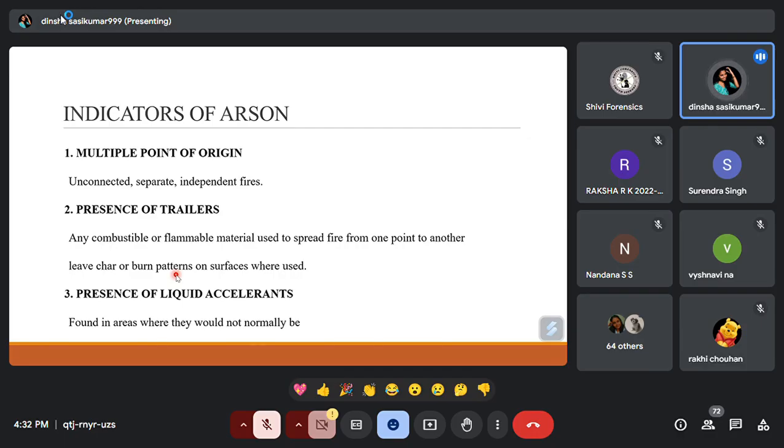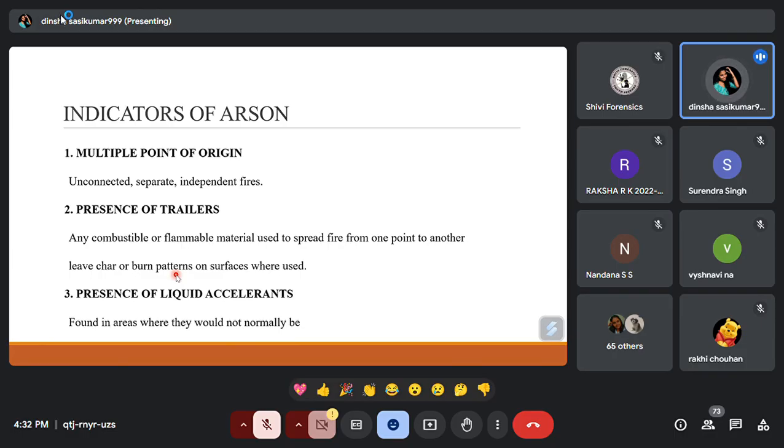Class B combustibles, like kerosene, gasoline, alcohol, etc., are examples of class B trailers. So if trailers are present, it also indicates that the scene is an arson scene.